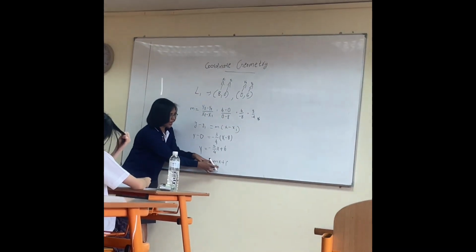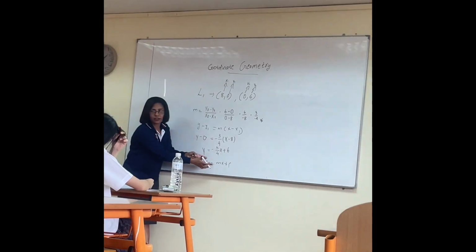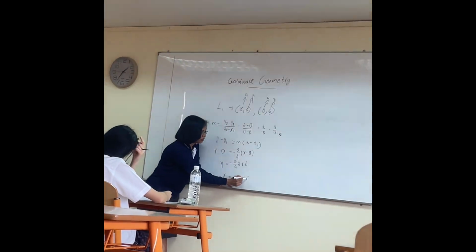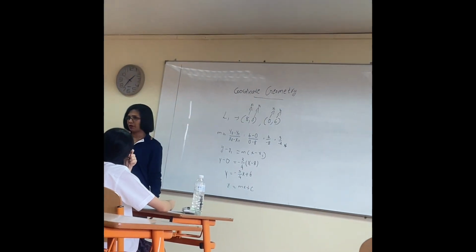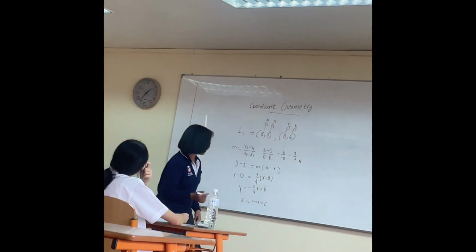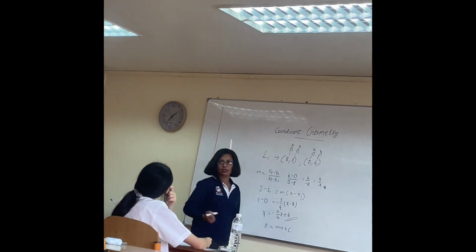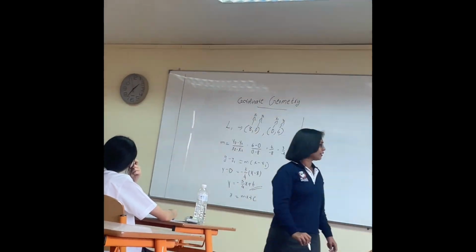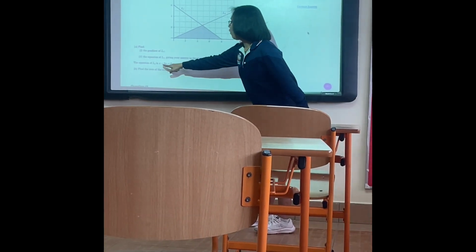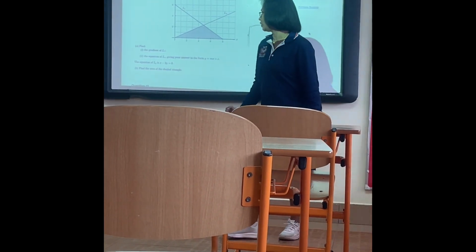And your x should be on the right with the c. What is the meaning of c? Y intercept. So it's in the form, and your answer would be this. Is it clear?